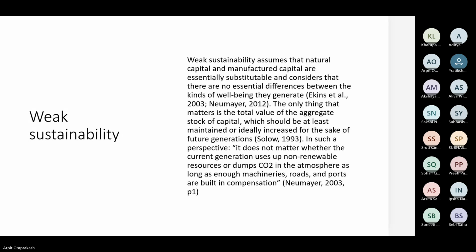Okay, so what does this mean? If we go back to our example, let's say you have a forest in a given area. What you do is you cut the wood, and in that same area, you build a house using that wood.